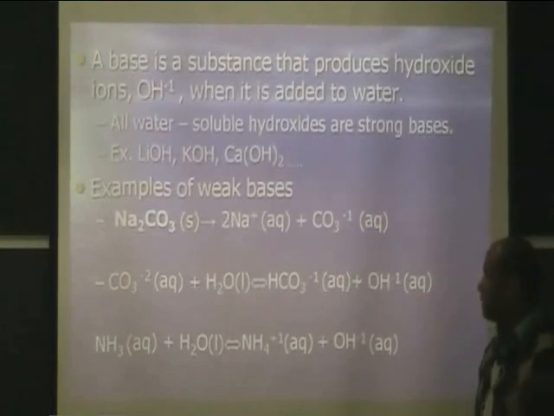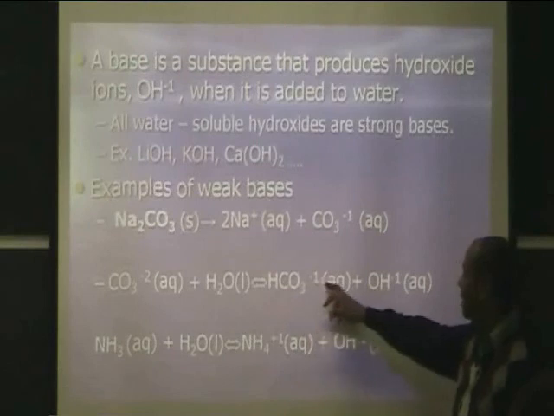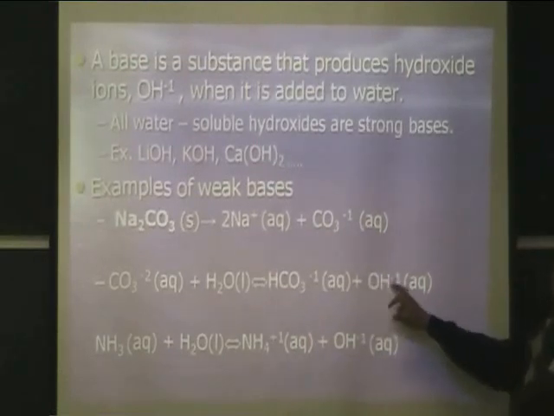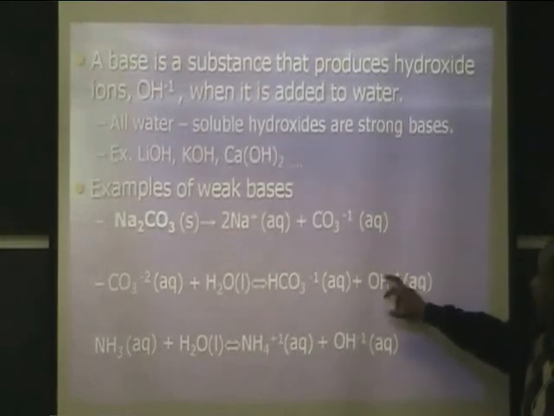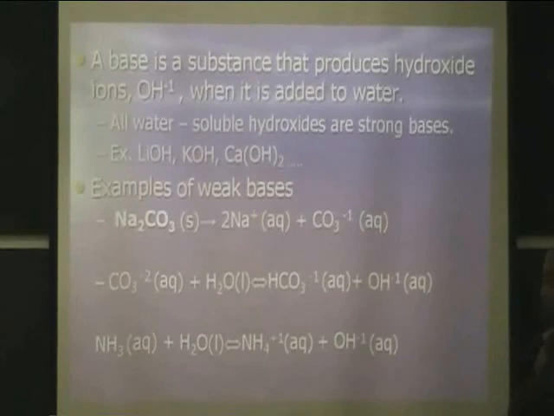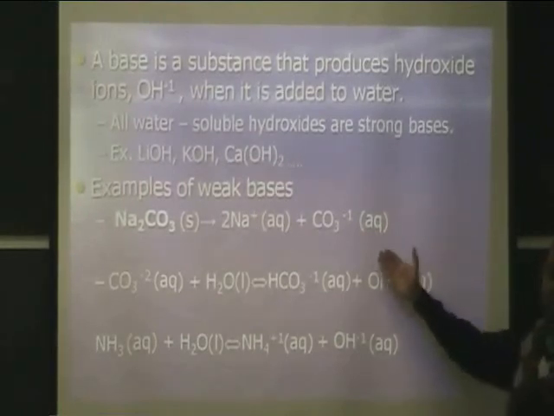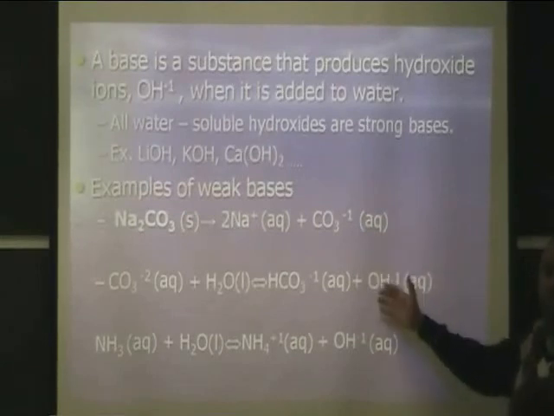You have the bicarbonate here, and the rest of the product is hydroxide ion. If a substance donates the hydroxide ion, we consider that a base. But it's not a strong base, it's a weak base.